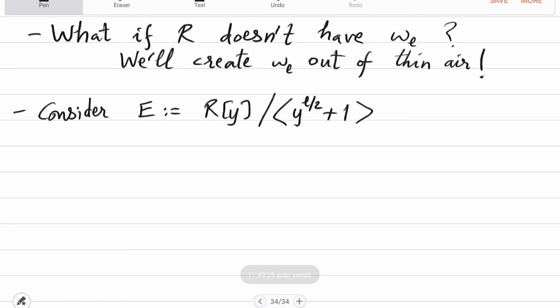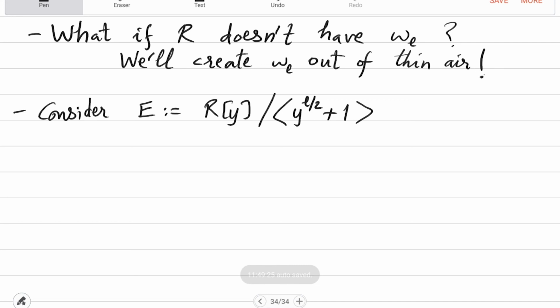Just syntactically replace omega by y. The only issue will be in the time complexity, because you want to say how many operations in R. So you have to carefully analyze, because you are now working with polynomials over R. You have to do polynomial arithmetic above R just to do computations in E. So we have to be careful with the time complexity analysis.